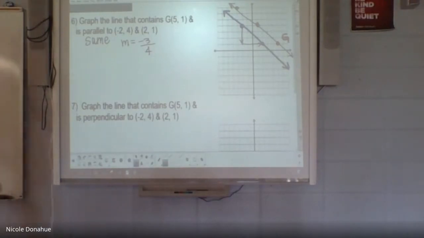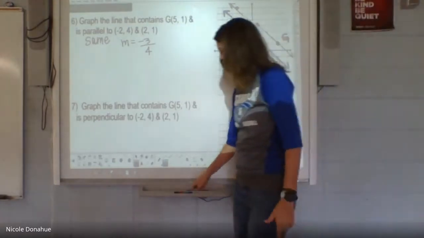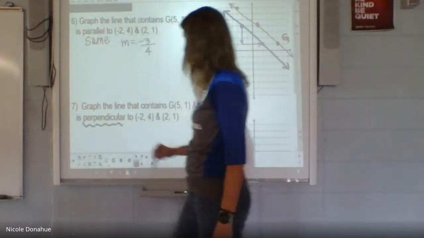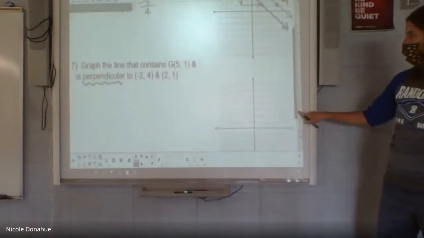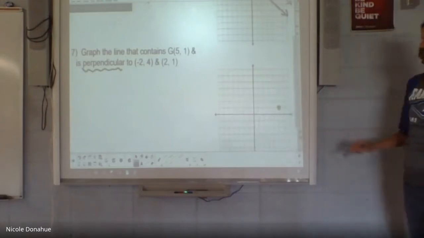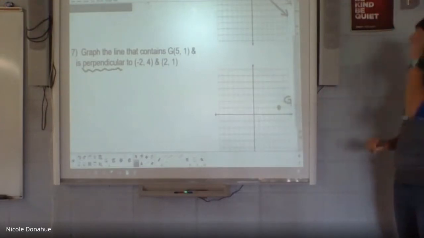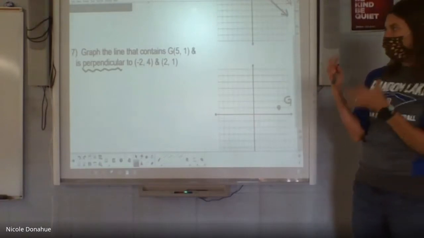So you'll be doing some graphing like that where you're going to try to use the information they give you. Now they give us the exact same information in this next problem except they changed one really important word. Now they have perpendicular. So again, I'm going to graph my G. But this time I want to be perpendicular to the line that goes through (-2, 4) and (2, 1).